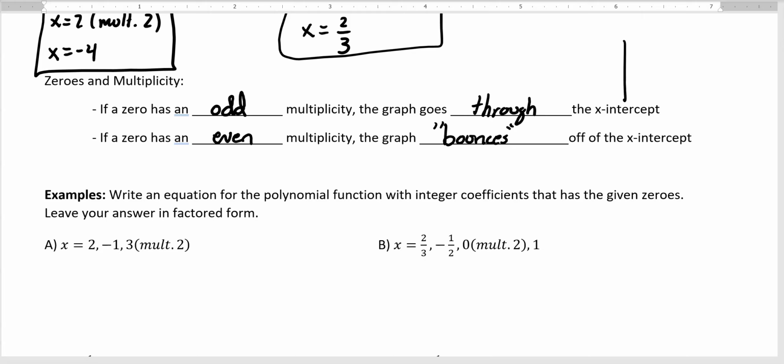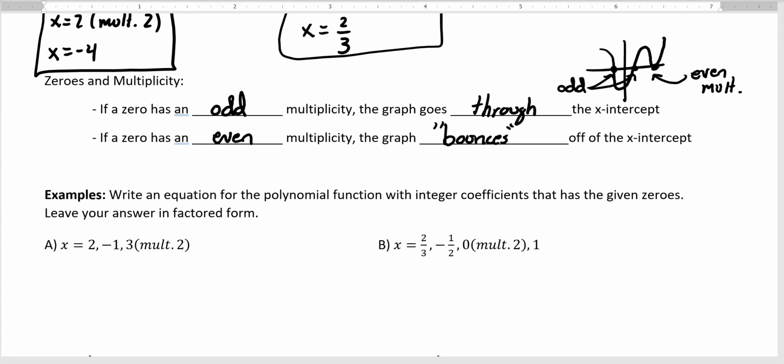So, quick sketch, going through would look like this, and then like that, and then something bouncing would look like that. So this would look like we have 3 zeros, 3 x-intercepts. But this one would be an even multiplicity, and these two would be odd multiplicities. If it goes through, it's odd. If it bounces, it's even.